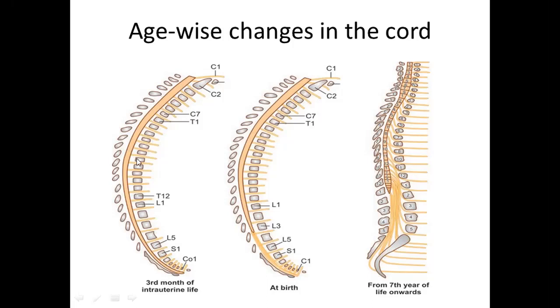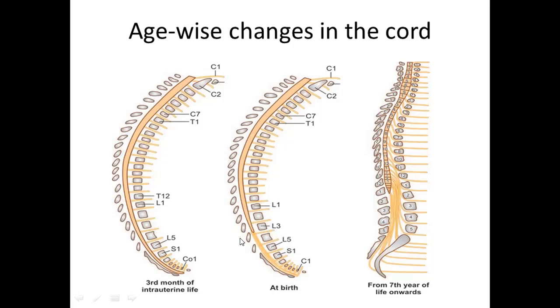The vertebrae grow faster than the spinal cord, which is the nervous tissue. As a result, at birth, the lower end of the spinal cord ends at the level of the third lumbar vertebra.